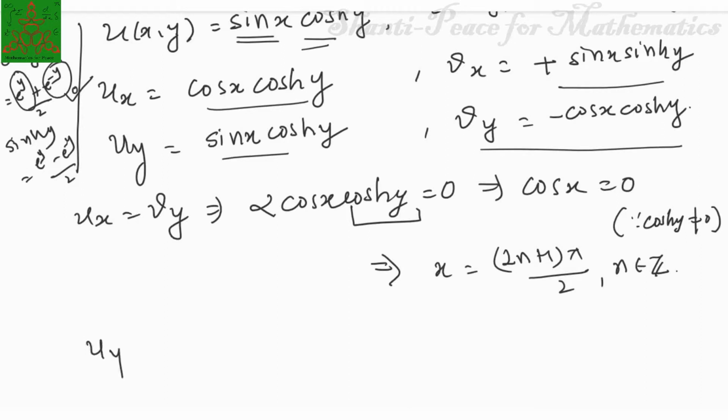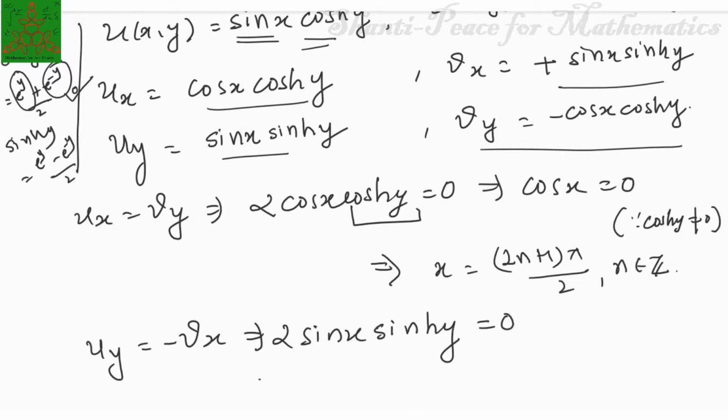And on the other side, uy equal to minus vx implies 2 times sin x sine hyperbolic of y equal to 0, so that implies sin x is 0 or sine hyperbolic of y is 0.